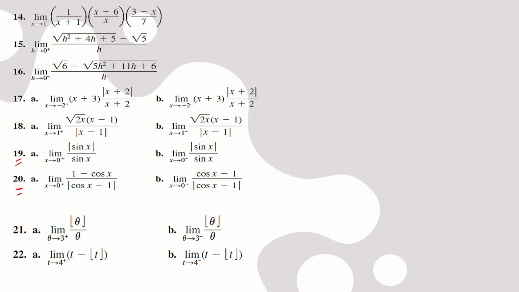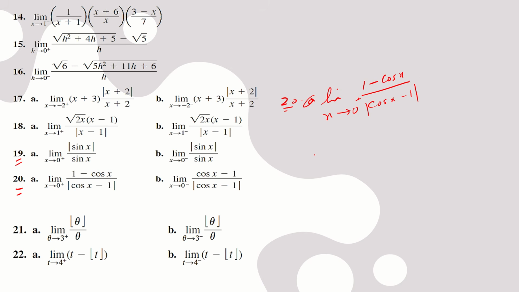So in question 20, what do we do? In part A, we first find the limit as x goes to 0 from the right side of 1 minus cos x divided by cos x minus 1, and then we have absolute.